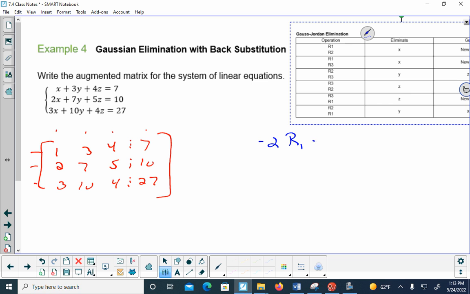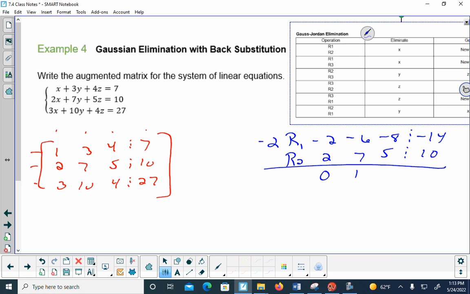So it'll be -2, -6, -8, -14. Row 2 is going to stay the same, so 2, 7, 5, 10, and I'm going to add. So this will be 0, 1, -3, -4. So that's going to become my new row 2.